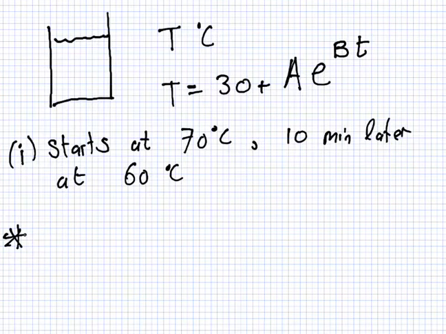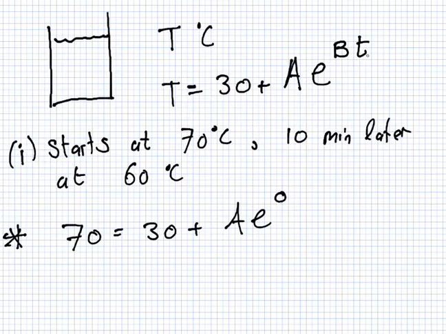So what that means is 70 should equal 30 plus Ae^0. The small t is 0 because at the beginning that means t is 0. So that gives me the A.